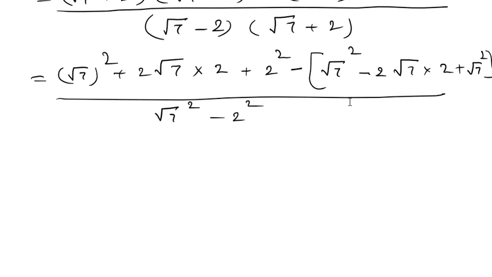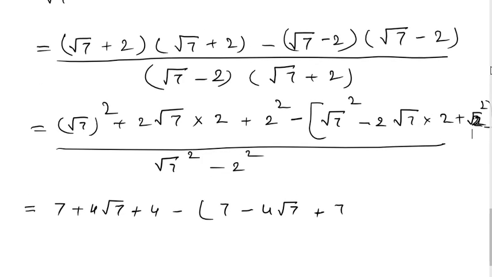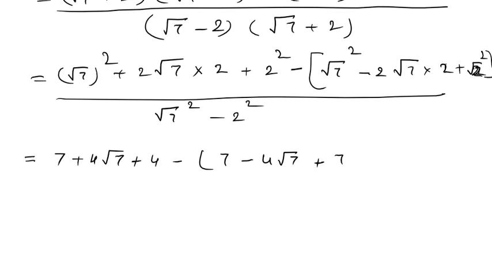Root 7 square is 7 plus 2 to the 4 root 7 plus 2 to the 4, minus, here in bracket I have 7 minus 2 to the 4 root 7 plus, this is the square of 2, not root 7, because here we have the square of 2, so 4. I will write 4 here, whole divided by root 7 square is 7 minus 4.